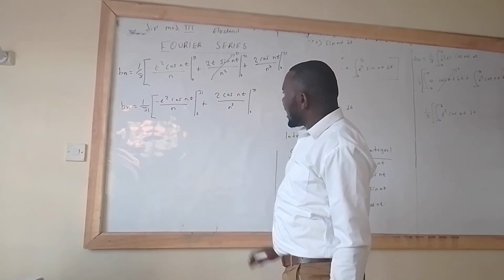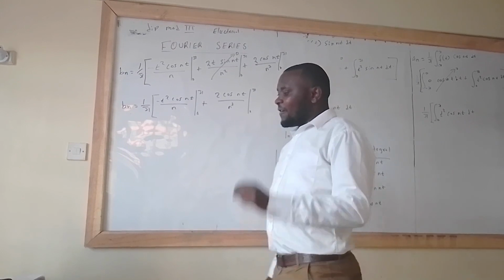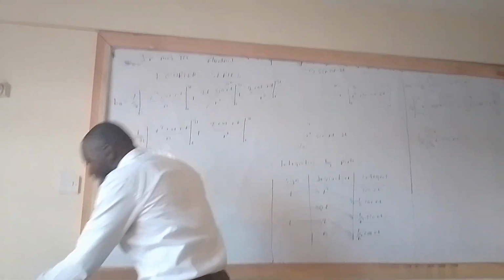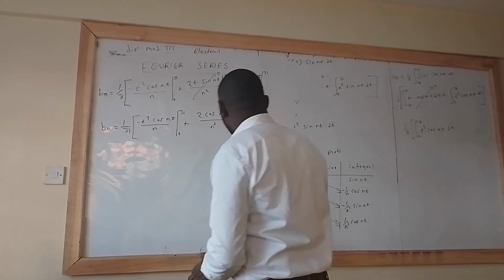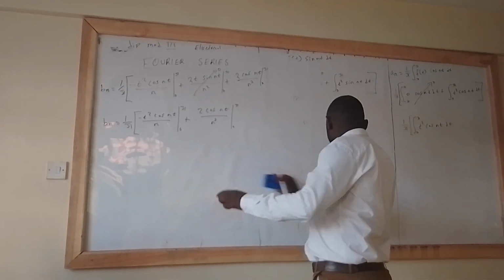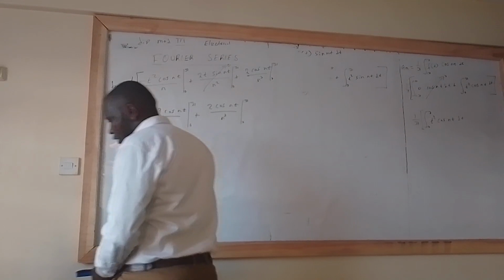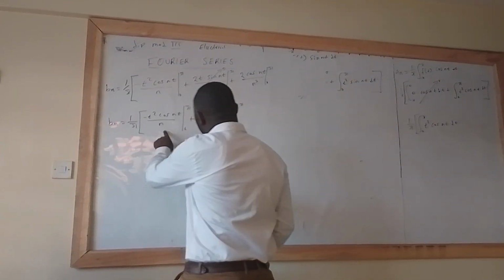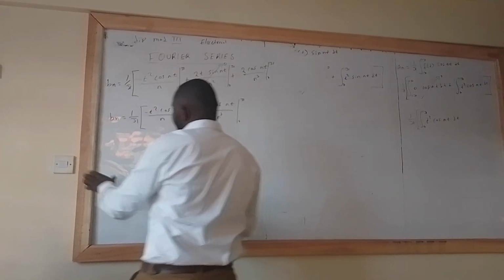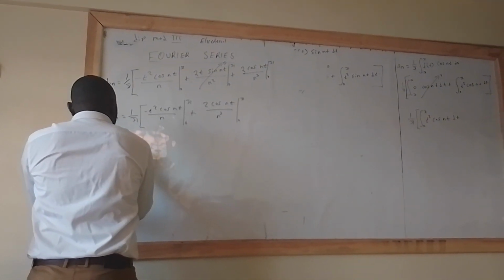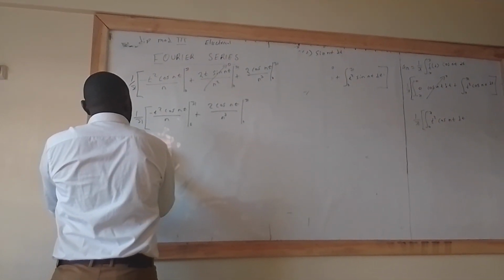Now let's look at this equation when the value of n is odd. But before we check, let us put in this range. So we have b of n is equal to 1 over pi, open the bracket.